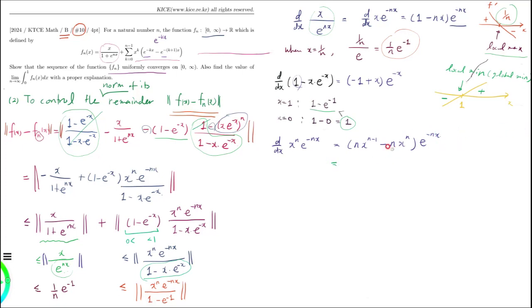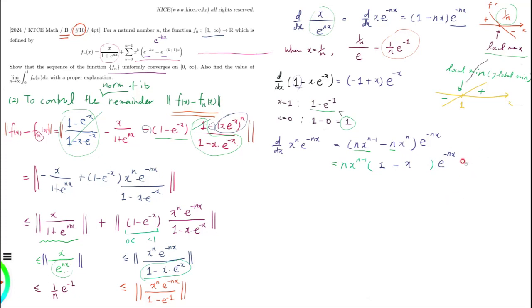And I'm gonna factor out the same factors, which is n times x to the n minus 1 power. Okay, what's left is 1 minus x times e to the minus nx power.